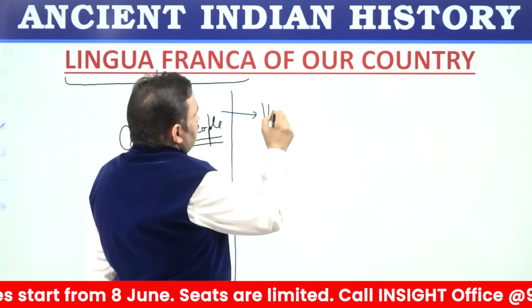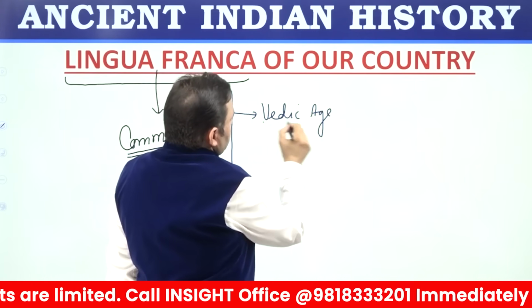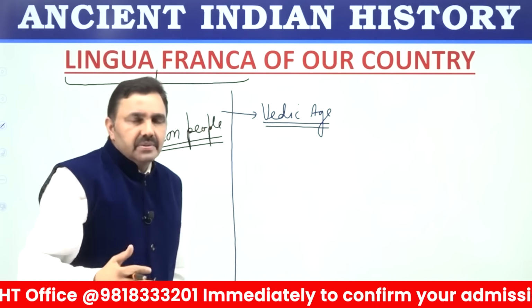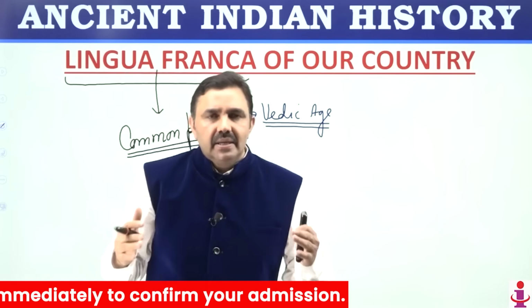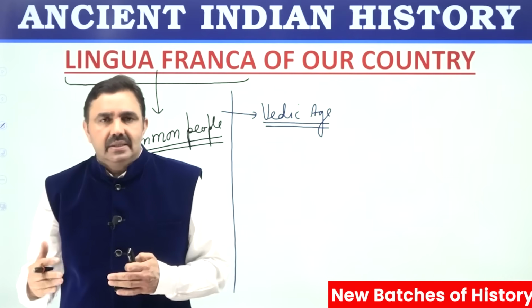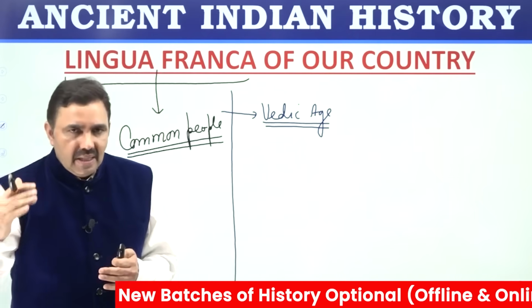In Vedic times, in the Vedic age, the language was Sanskrit. In Vedic times, a script was not known to people. So Vedic Aryans were not aware of a script. They did not know how to write. They spoke the Sanskrit language.